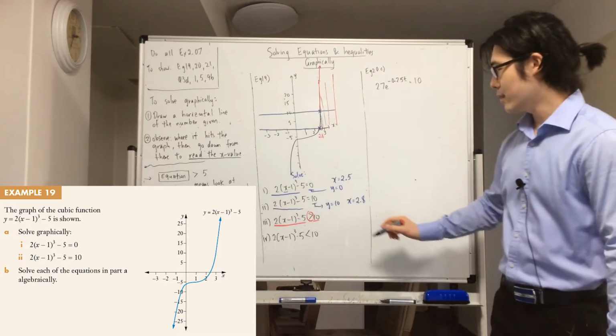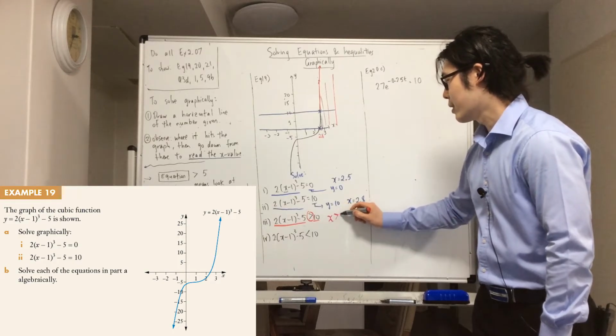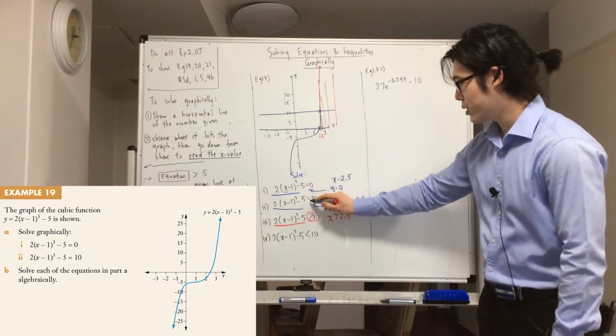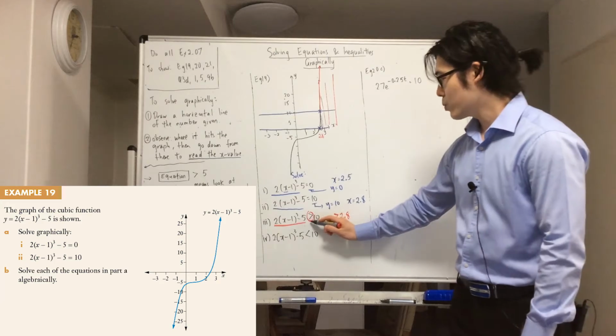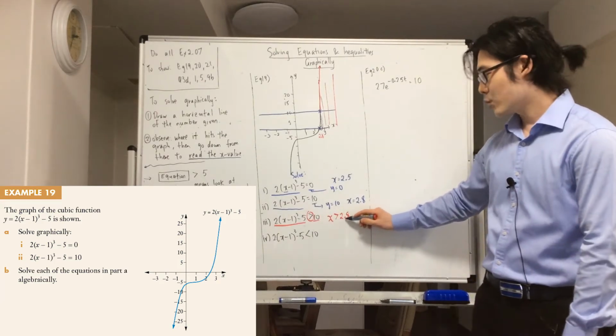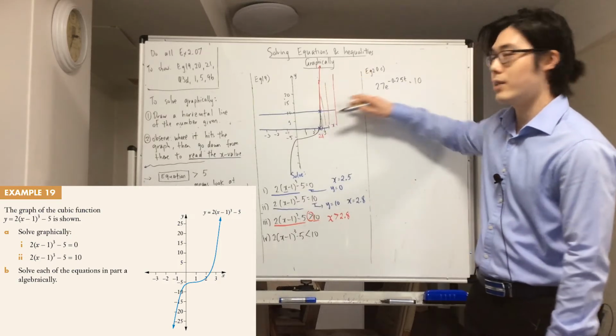So the answer is x is greater than 2.8. That's the difference from the previous question where it said equal to 10, and our answer was x = 2.8. Graphically, as we go up, the x values go up.